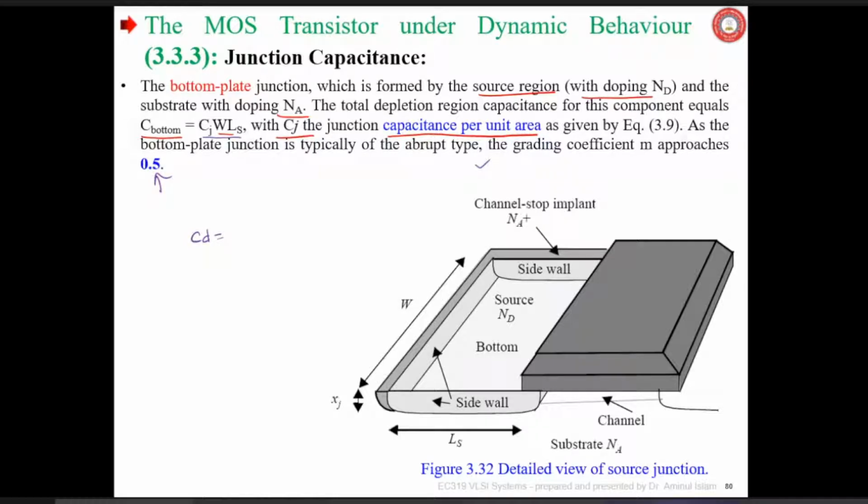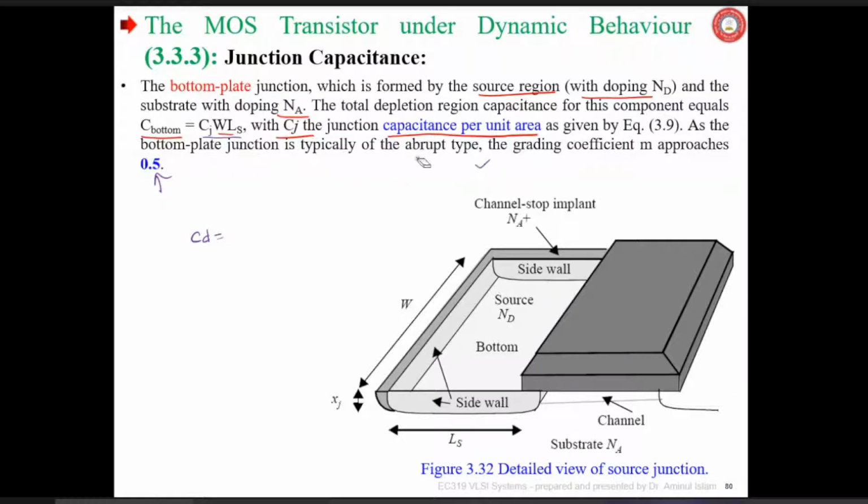Like gate oxide capacitance, we know Cox is expressed as capacitance per area. So we have to multiply it by the area, WL, to get the actual capacitance. So same thing is here also. Cj should be multiplied with the area.